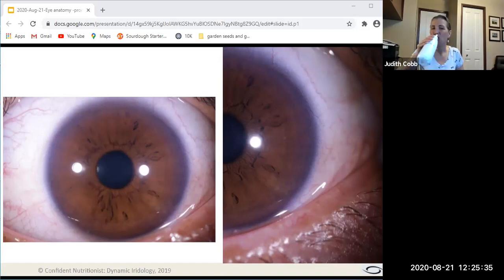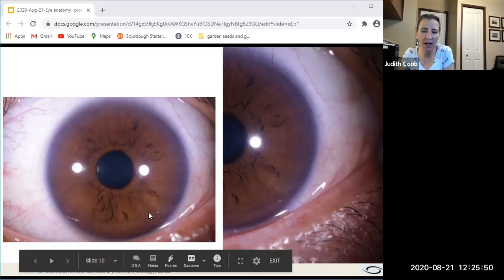Now she came to me with fertility issues. She'd been trying to get pregnant for the last couple of years. She had conceived once and had miscarried. So as we're looking at her eye, even though her eyes are brown, we see not actual fiber structure. We don't see the individual trabeculae reaching outward.